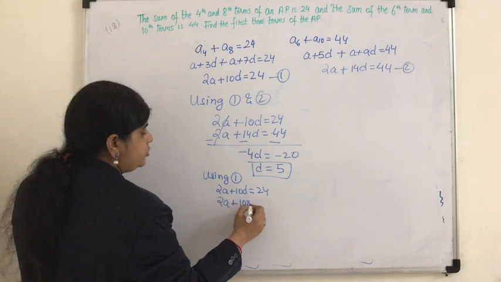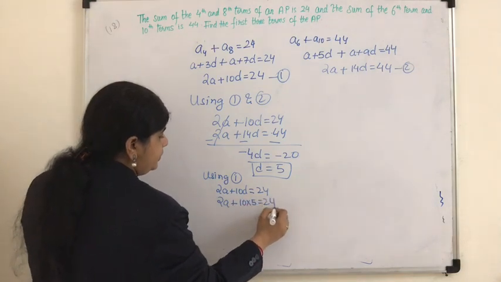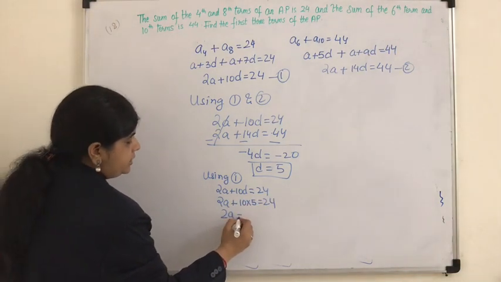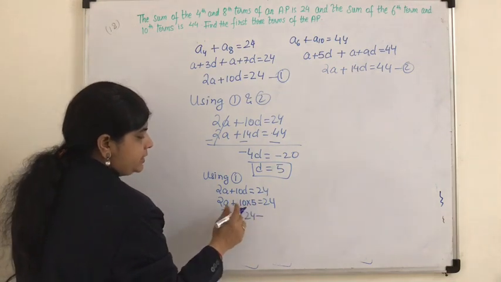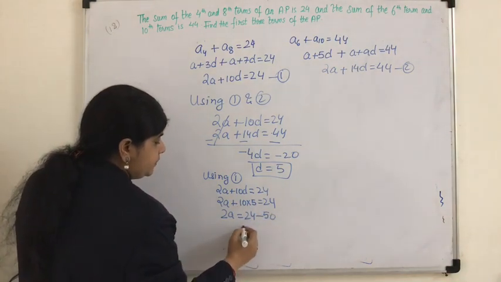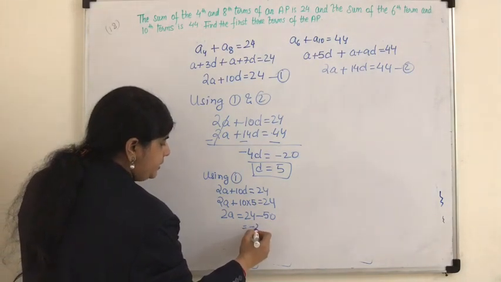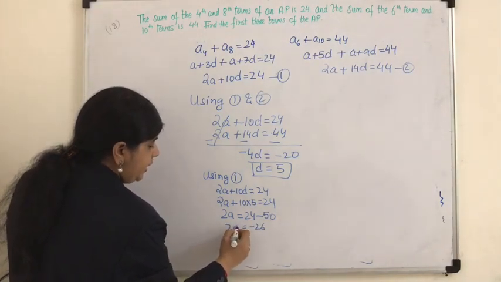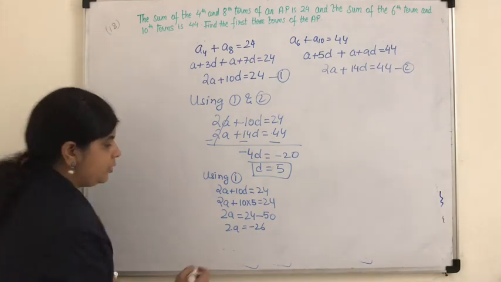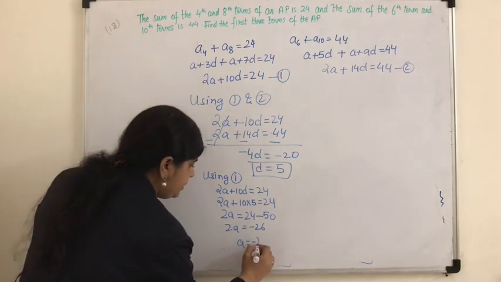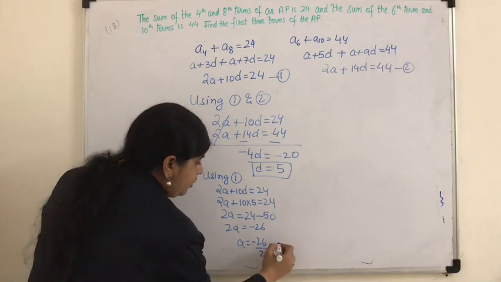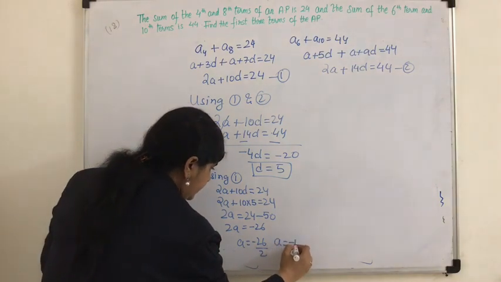So 2A is equal to 24 minus 10 fives, which are 50. So 24 minus 50 will be minus 26. So 2A is equal to minus 26, or A equals minus 26 by 2, or A equals minus 13.